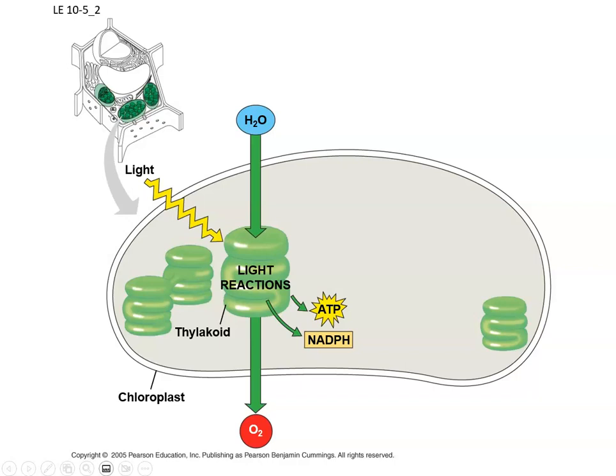ATP and NADPH are the forms of chemical energy that result from the light reactions. But in addition, oxygen is also released, but oxygen is not a form of energy. It's really just a byproduct of the light reactions of photosynthesis.